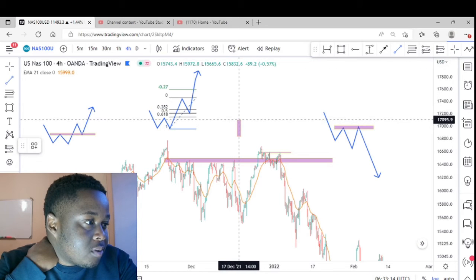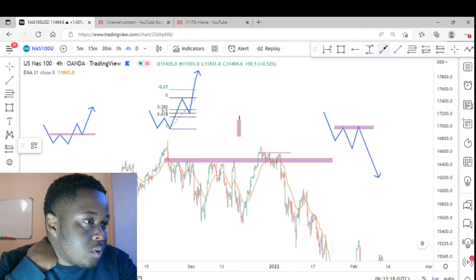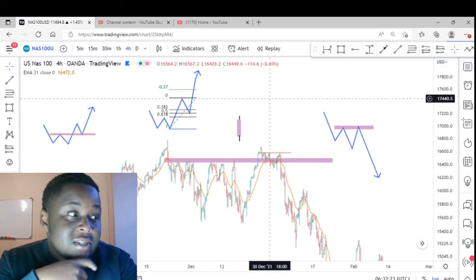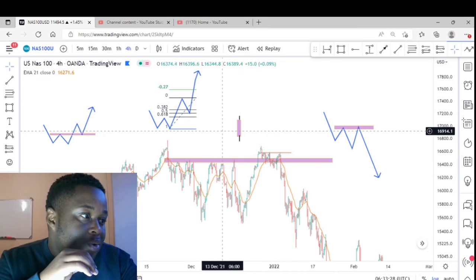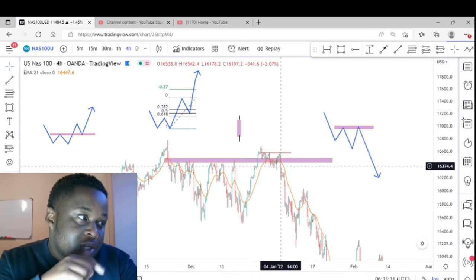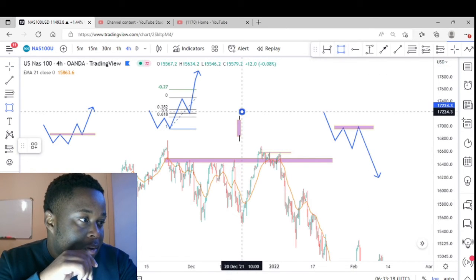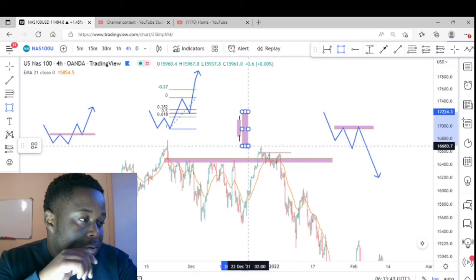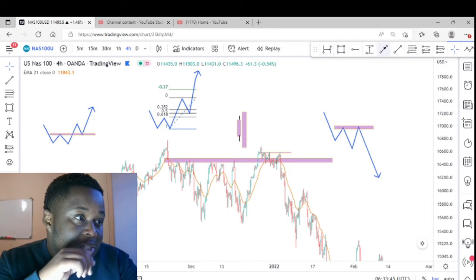So let's say this is a bearish candlestick, you see red is bearish, and then this is a bullish candlestick.